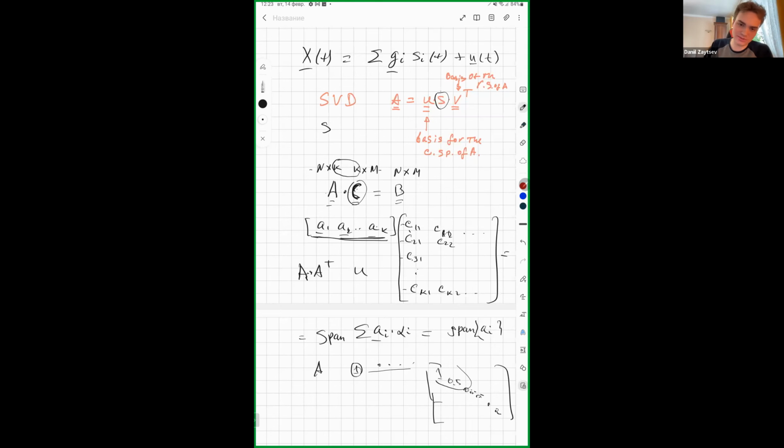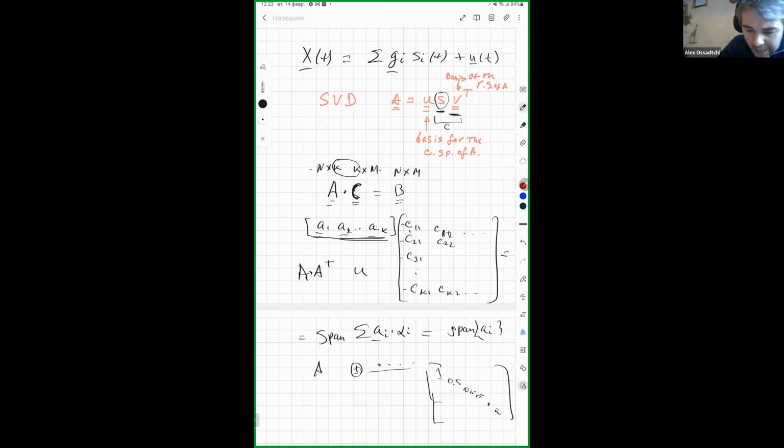Now if all diagonal elements of S are non-zero, if all singular values are non-zero, doesn't that mean A is of full rank? Yes, it means A is full rank. Therefore, if A is full rank, then S is full rank, and V by definition is full rank because it's an orthogonal matrix. Yes, I agree. Then everything is good.